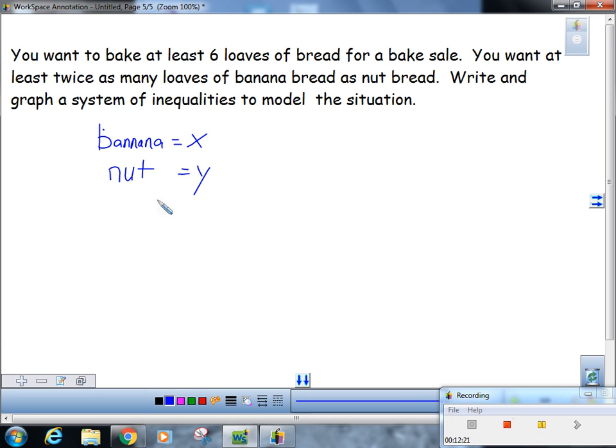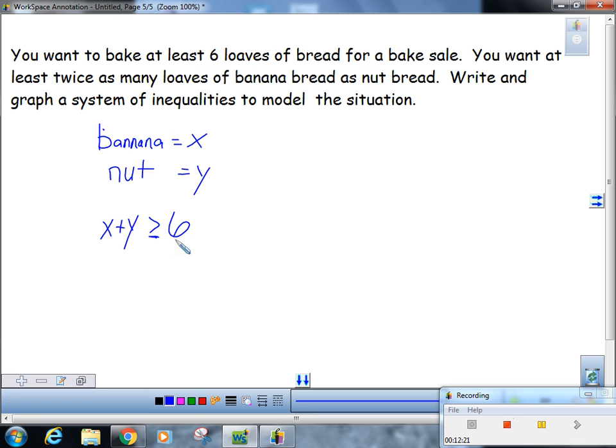Okay? All right, so we know that we have to have how many loaves of bread at least? So X plus Y is bigger than or equal to 6. That's how you interpret that word at least, right? And then our other equation would be we want twice as many loaves of banana bread as nut bread.